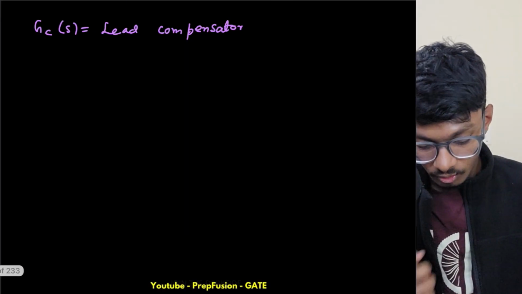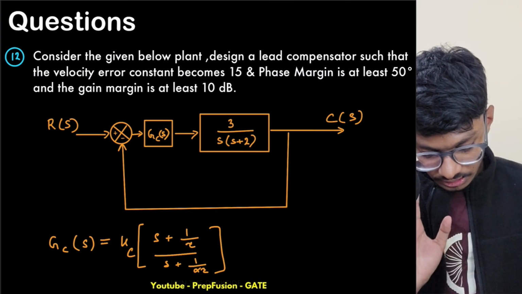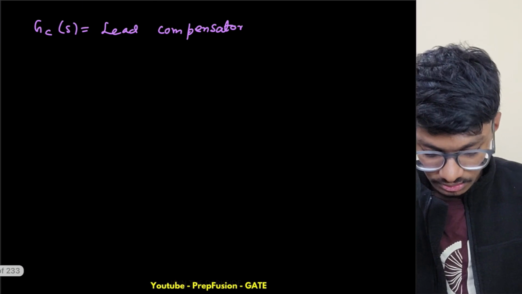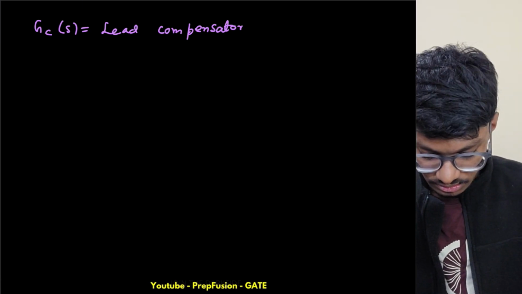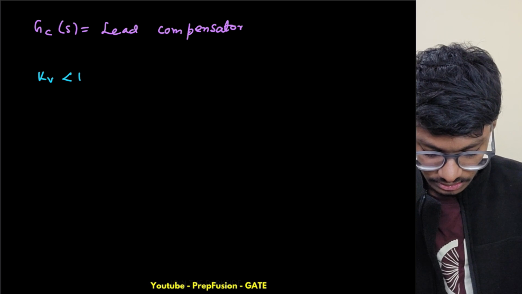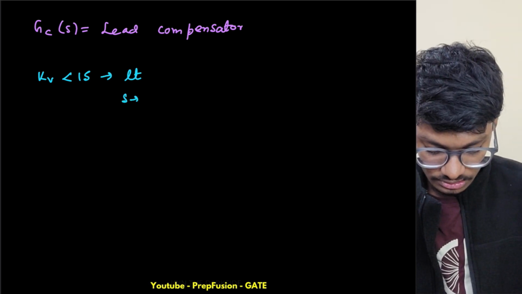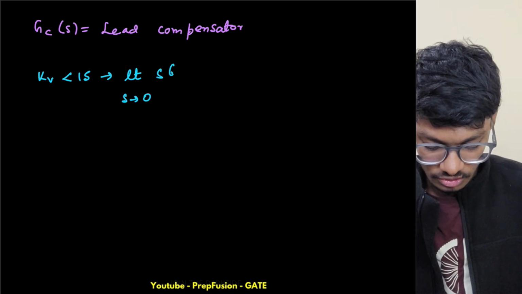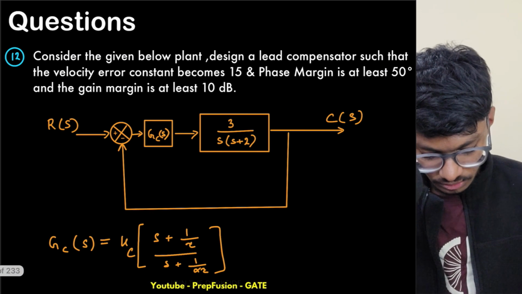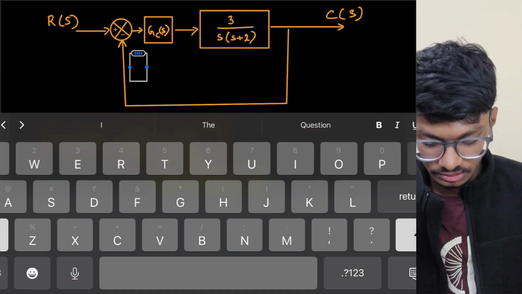So what other information have they given us? The other information is the velocity error constant is 15. Now what is KV? KV is the limit as s tends to 0 of s times G of s. Now G of s is this whole thing.